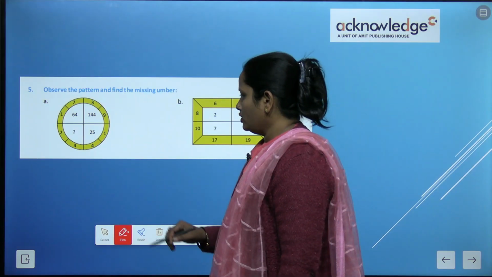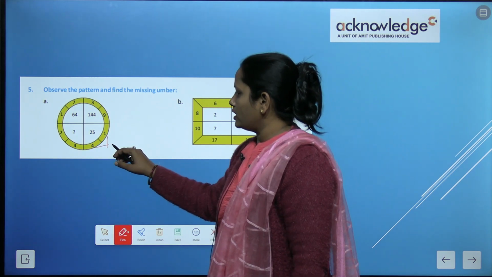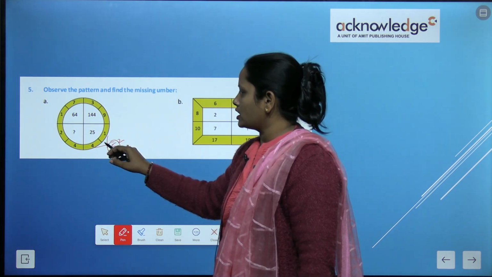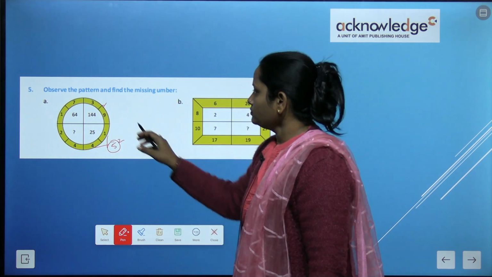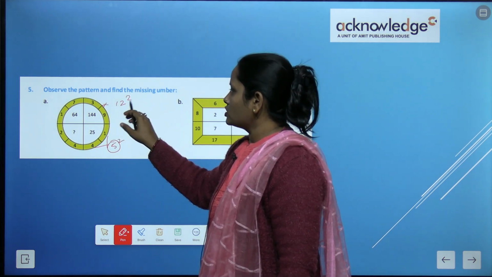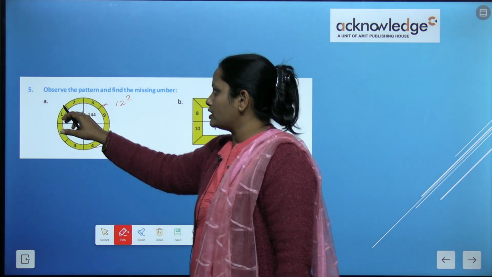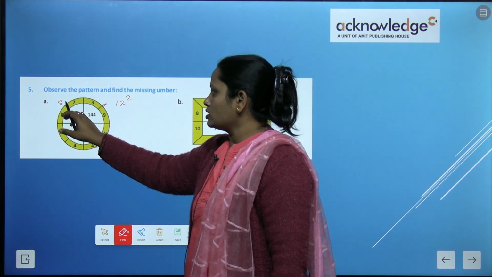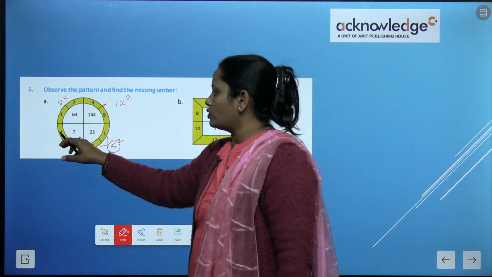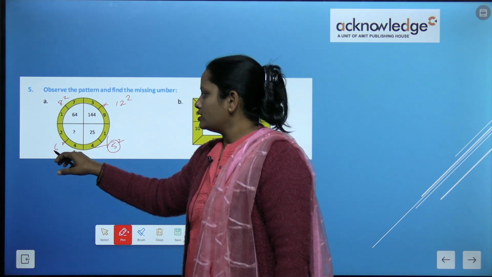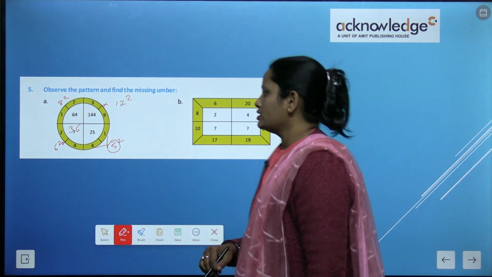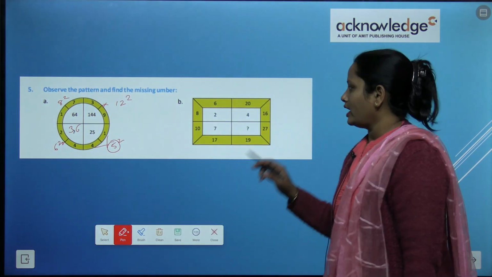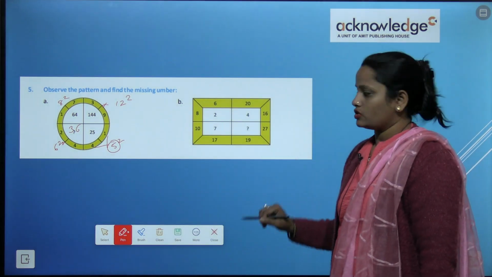So here children you can see 4 plus 1 is 5 and the square is taken here, which is 25. 3 plus 9 is 12 and the square is 144. 7 plus 1 is 8. So the square of 8 is 64. Now 2 plus 4 is 6. The square of 6 is 36. So like this children, you have to find the answer of this question.